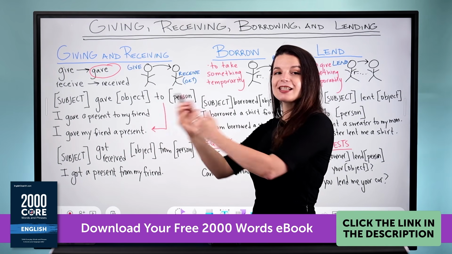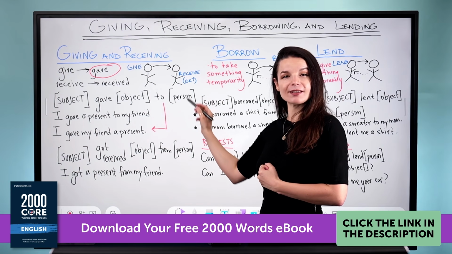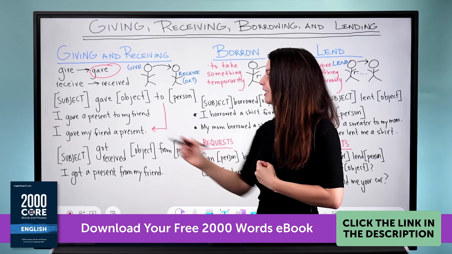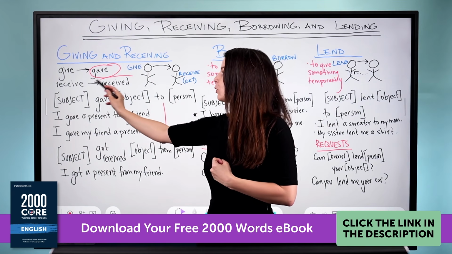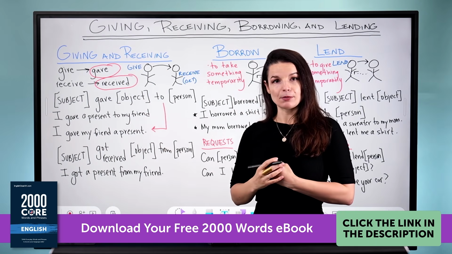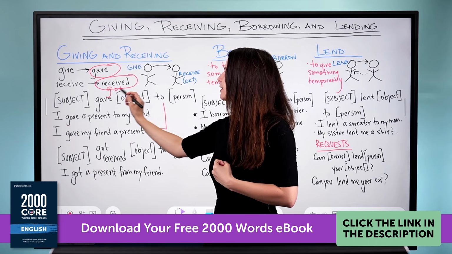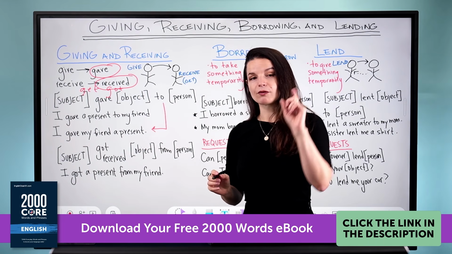So to receive something, or more casually in everyday conversation, to get something, okay? To get something. So in past tense, which we are going to use today, we have received, to receive something, or we also use got for past tense of get. So these are our key words for part one.